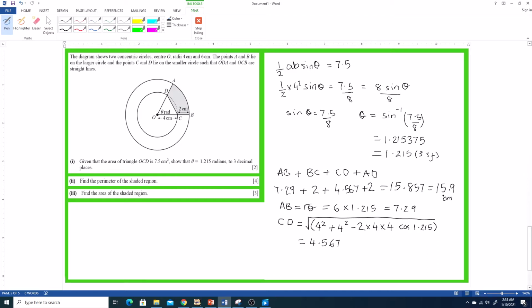Okay, the last bit is the area of the shaded region. Now to get the area of the shaded region, we're first going to find the area of the sector AOB, and then we're going to minus the triangle DOC. So let's do that.